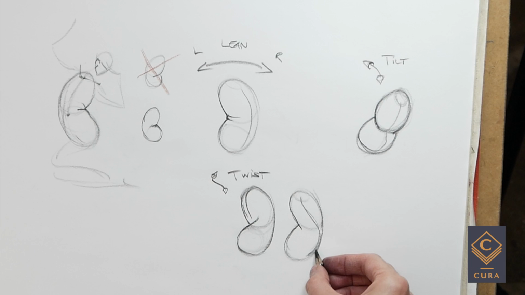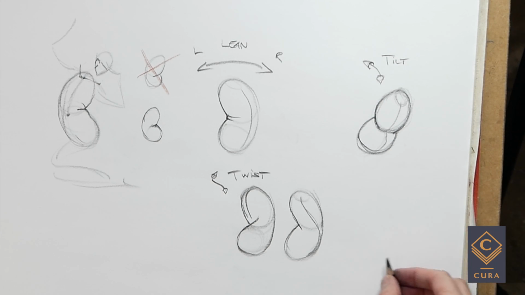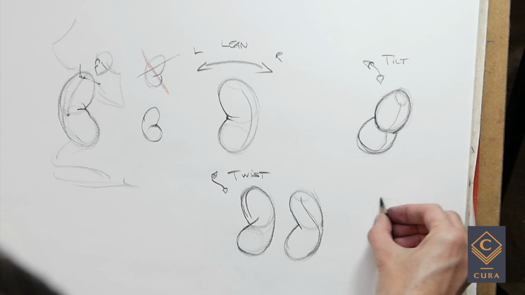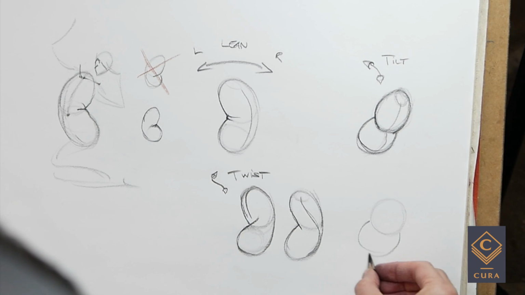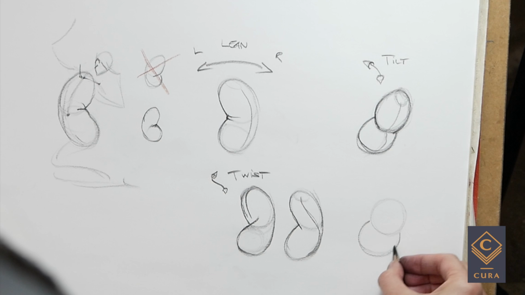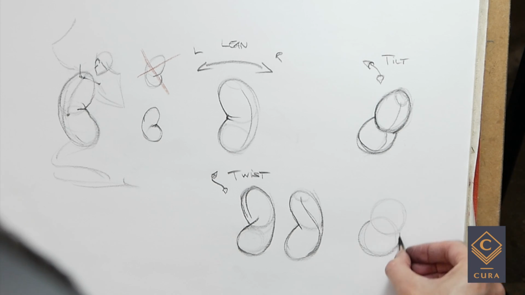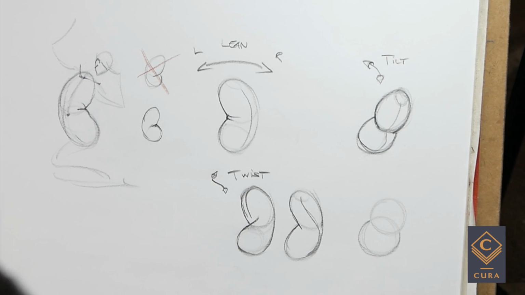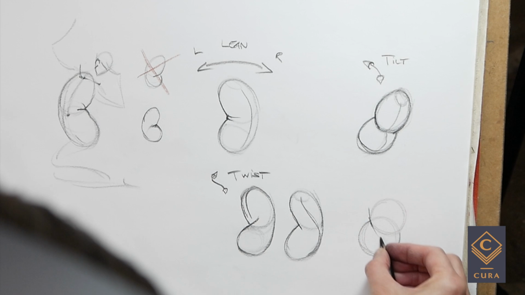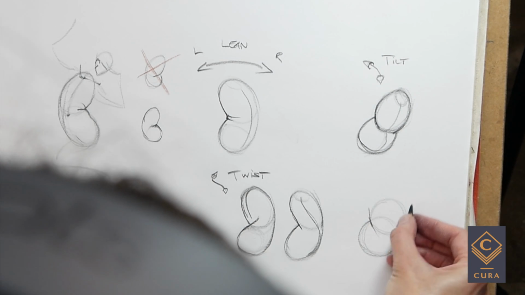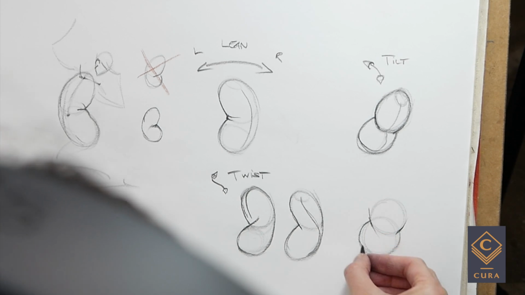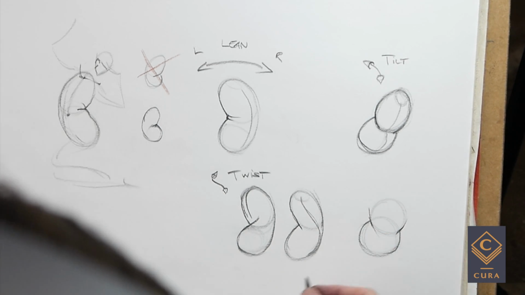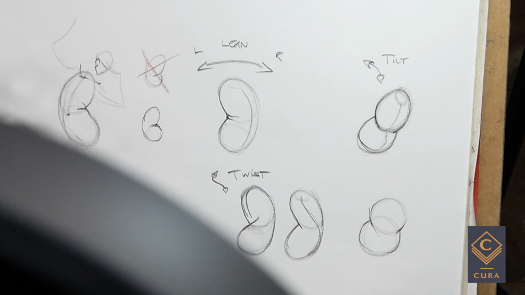Now the next torso movement that the bean is really useful for is when the torso is coming very strongly at you or moving very severely away from you. What happens in that scenario is that what used to look like an egg with a certain amount of length is now visually foreshortened, or visually distorted, into a more circular shape.